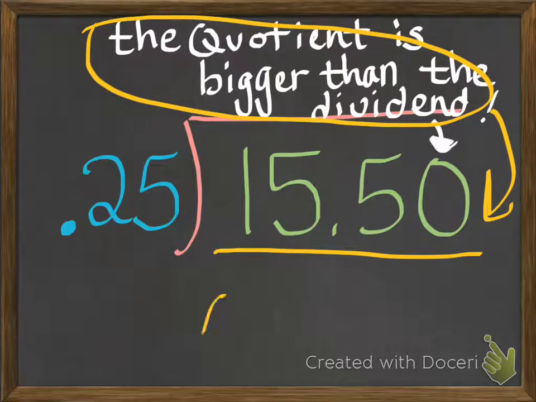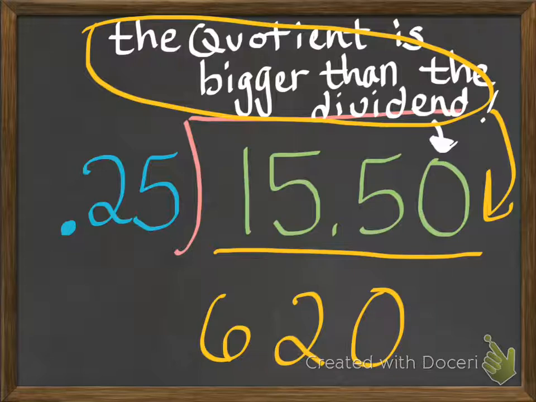Okay, so keeping that in mind with our answer here, 620, if I put the decimal point right here, I would get 0.620, which is about half. Okay, and half of something is less than 1, and my dividend is 15.5. It's close to 15, so I'm going to get an answer that's bigger than 15.